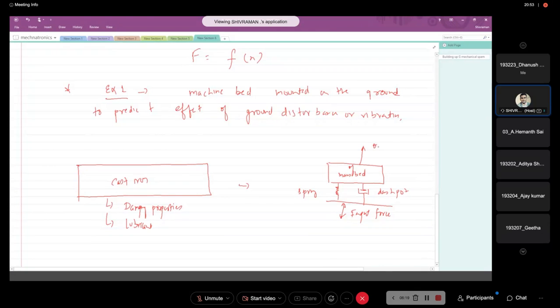We have output displacement. So for this system, you can clearly develop a model which is the same as the previous one.